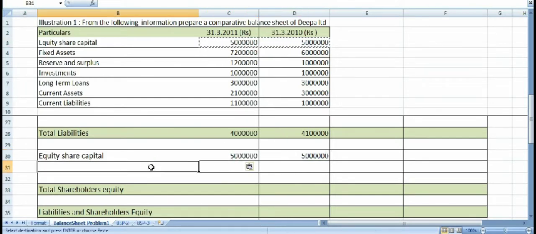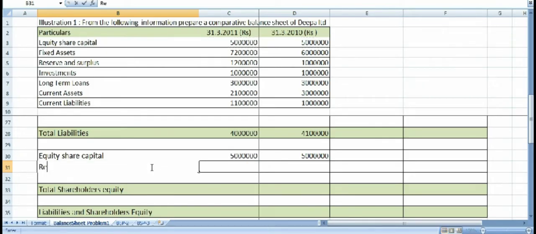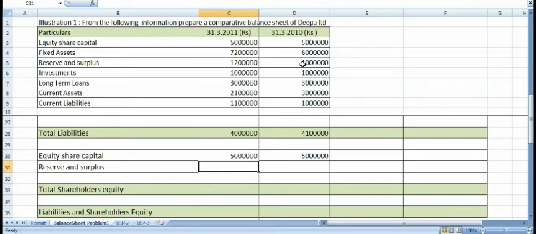Next is reserves and surplus, which comes under shareholders' equity. Reserves and surplus is 10 lakh in one year and 12 lakh in the other, and I am posting these two. Next we calculate the total shareholders' equity, that is 50 lakhs plus 10 lakh, that is 60 lakhs. Here it is 62 lakhs.